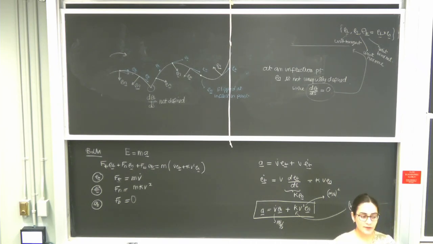Okay. Let's go back to set 7, problem 7. What's happening here is that we have a slider. The 120 gram slider has a speed v of 1.4 meters per second as it passes point A of the smooth guide, which lies in a horizontal plane.